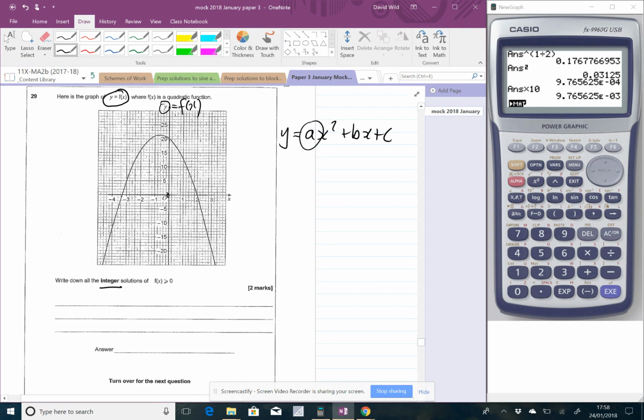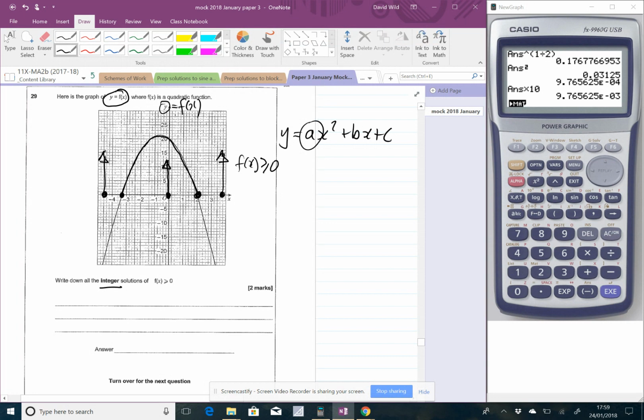Well, it's anywhere from the x-axis upwards, isn't it? This is where f of x is greater than or equal to 0, above the x-axis. So where is the curve defined so that it's above the x-axis? Well, it's anywhere from here all the way along the curve to there.